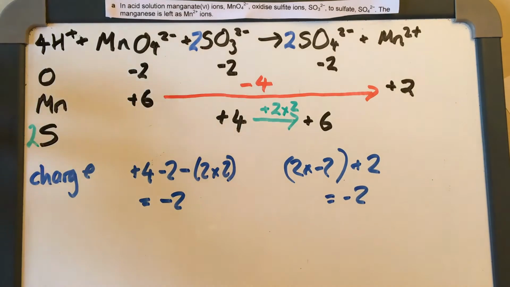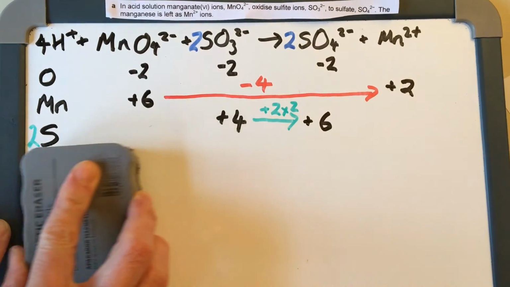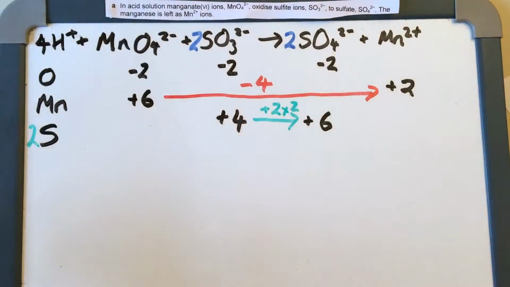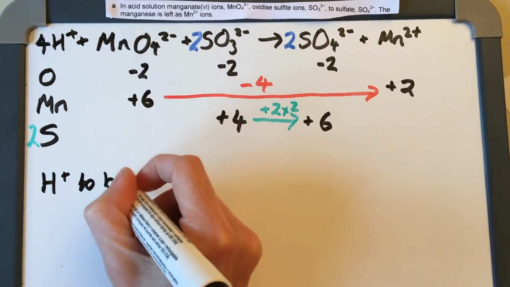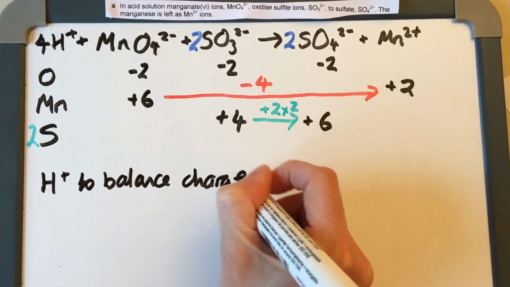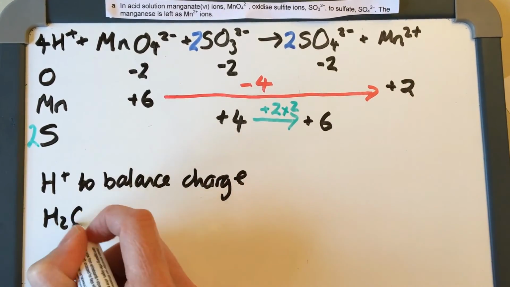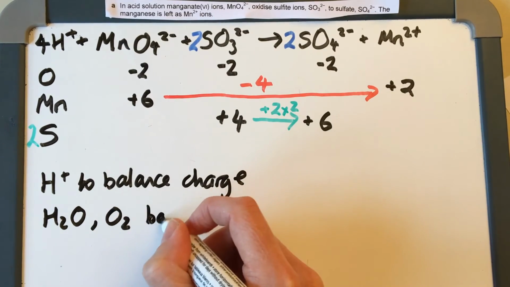Charges are now balanced. Then we need to just check all the other elements. So this normally means normal balancing for elements in terms of hydrogens and oxygens. So what you can add, we've already added H pluses in order to balance the charge. And then we can add waters and oxygens to balance the elements.